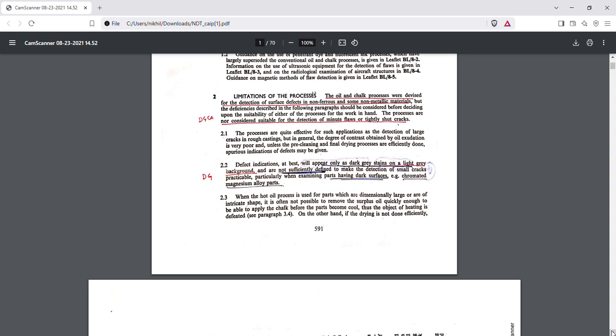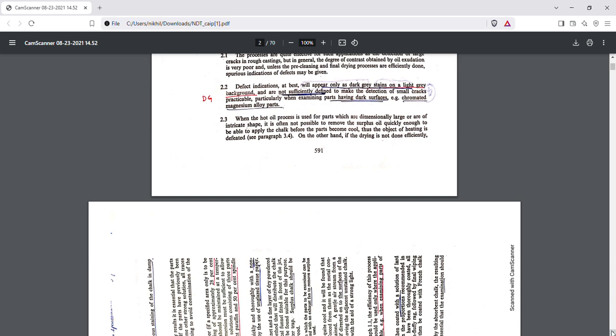2.2, defect indications at best will appear only as a dark gray stain on the light gray background and are not sufficiently defined to make the detection of small cracks possible, particularly when examining parts having dark surfaces, for example chromated magnesium alloy parts. 2.3, when the hot oil process is used for parts which are dimensionally large or of intricate shape, it is not possible to remove the surplus oil quickly enough to be able to apply the chalk before the part becomes cool.